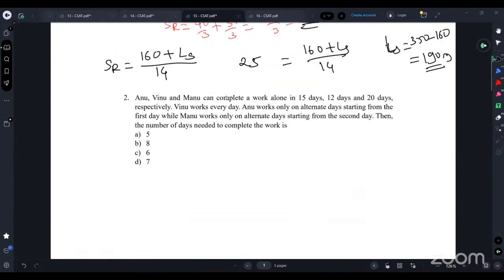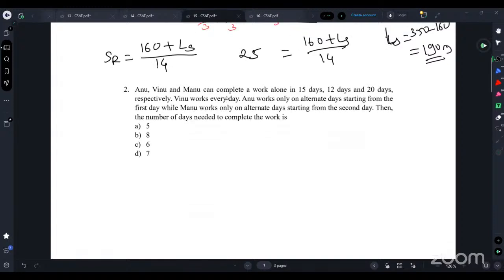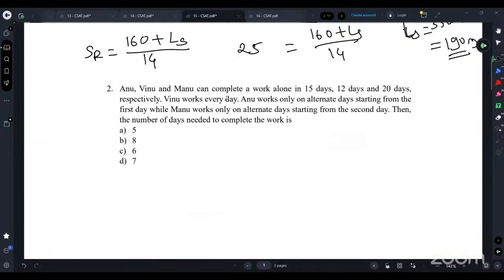Okay, guys. Now let's see the second question. Is this question clear to all of you? Just put S in the comment chat section so that I can proceed further.